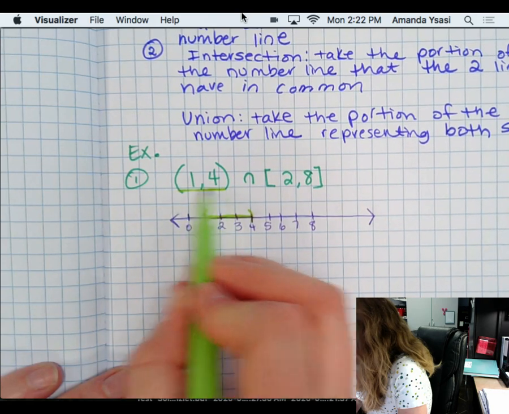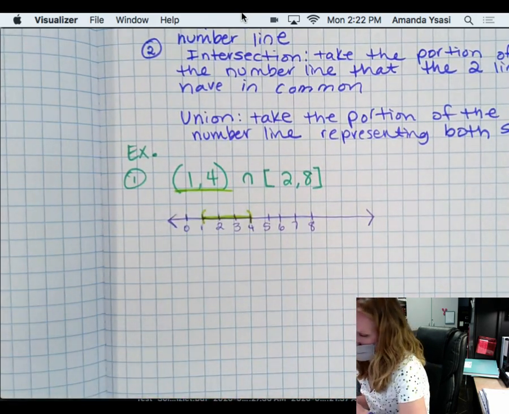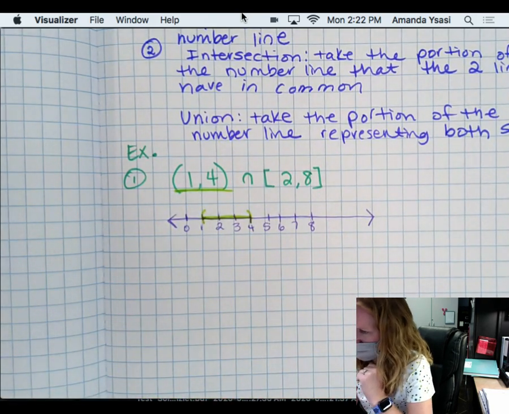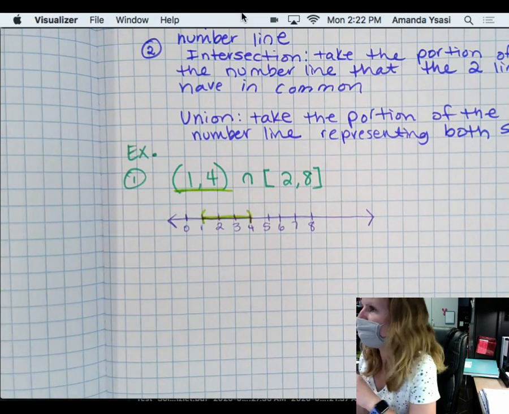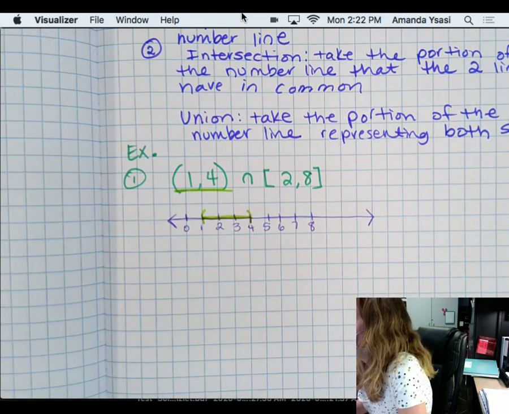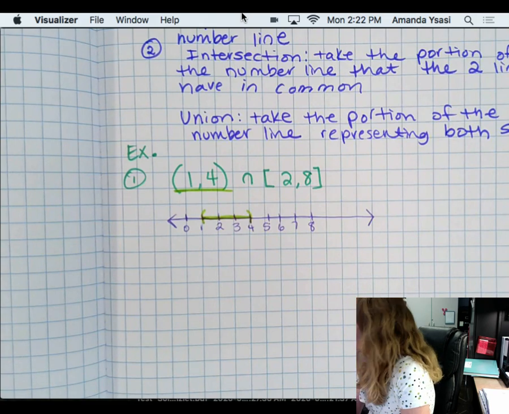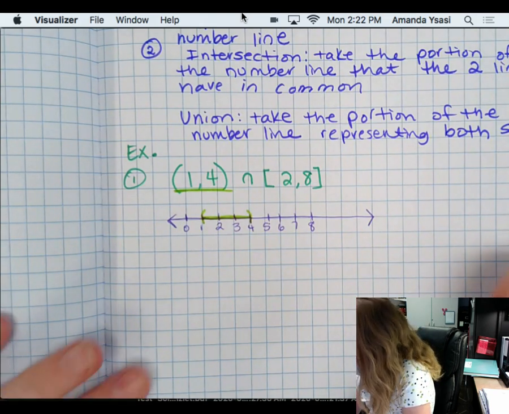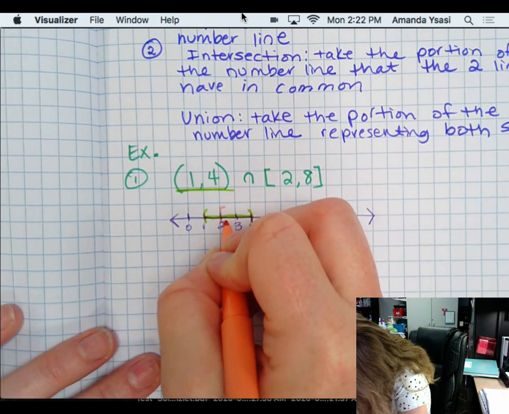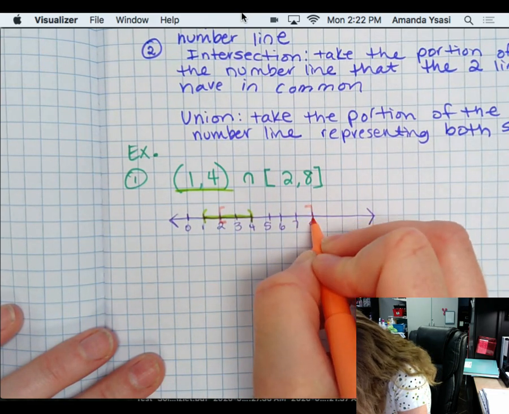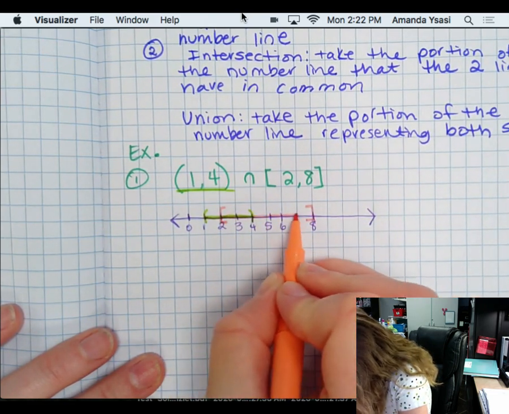So that's that one. I'm going to do it in different colors. And then I have 2, 8. So bracket at 2, bracket at 8, and then shade between them.